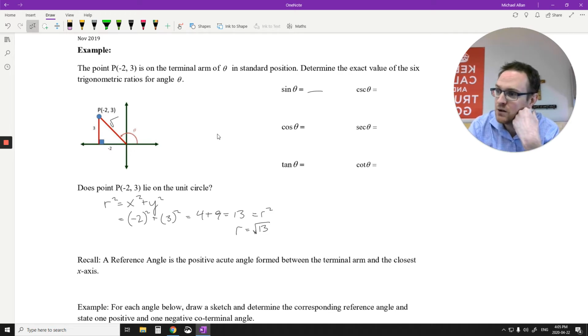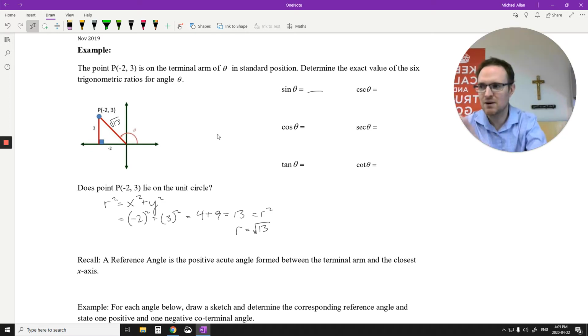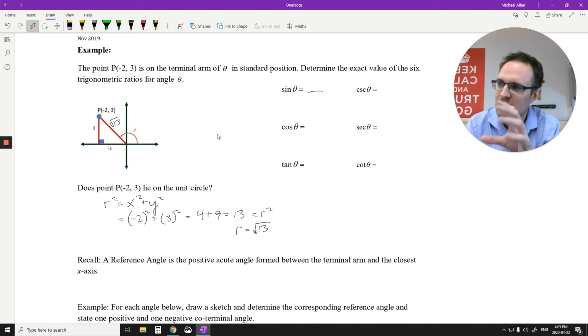So now we know what this is here. Cool. So let's plug that in. So this is going to be my sine values. And theta is my standard position. It's not my reference angle. It's a standard position angle, so it has to include the signs of the sides as well. So my y value is positive.